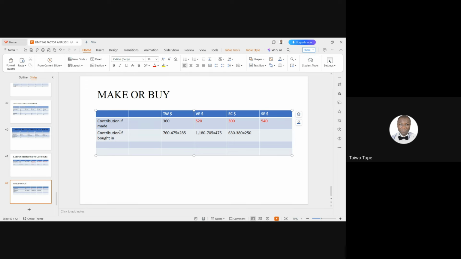Then for SE, you have 1,130 less 640, which is 490. So, as usual, these are workings. Take notes. Let me show it to you so that you know.